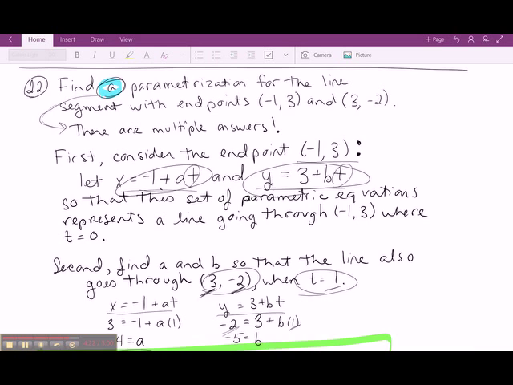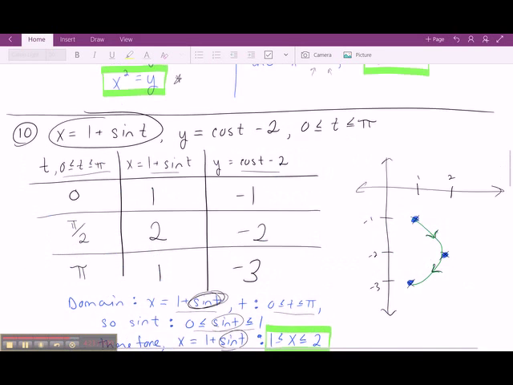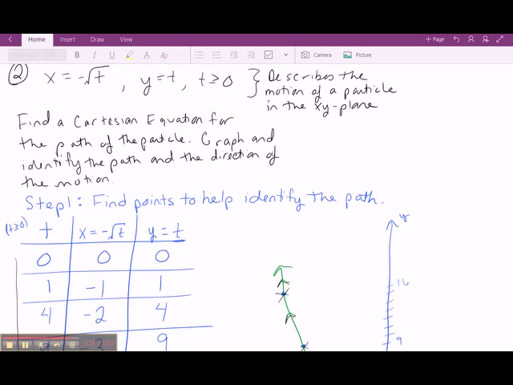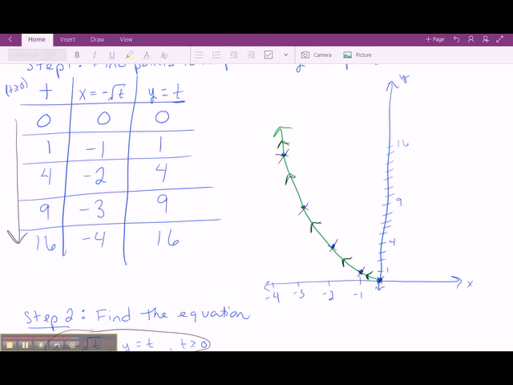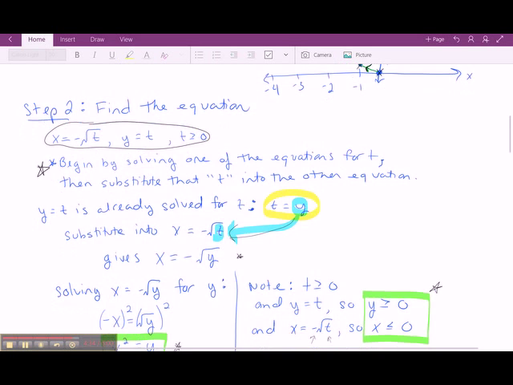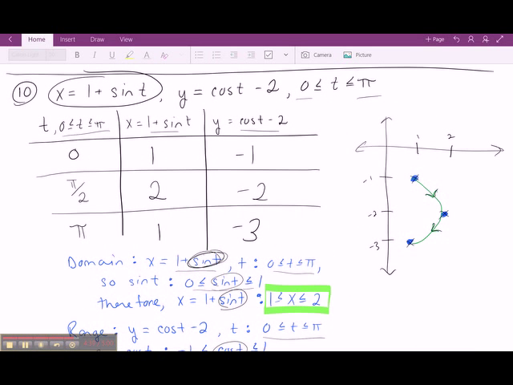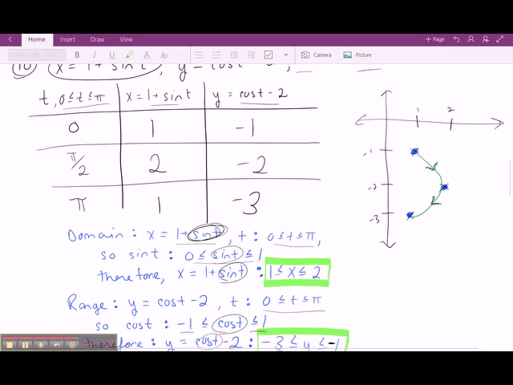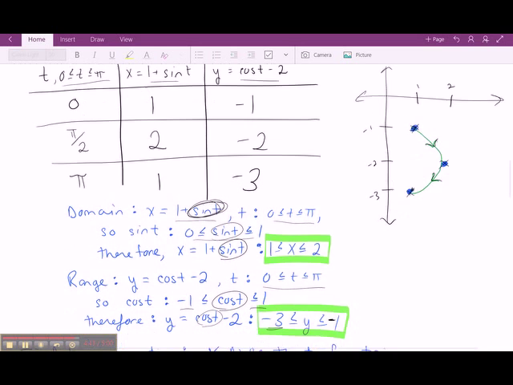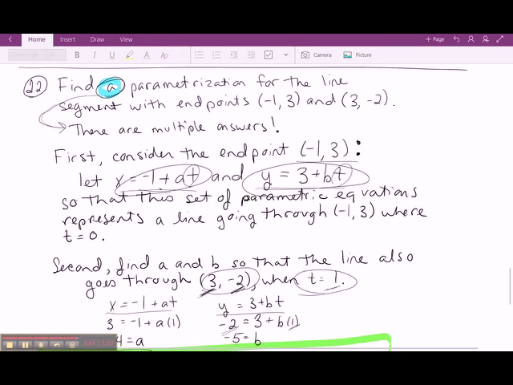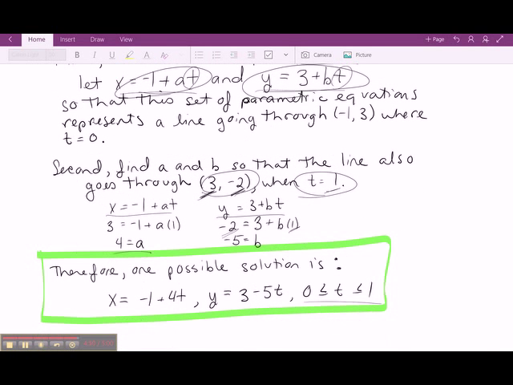So, for example, if you go back to number 2, I think it was the first one I did, we had t greater than or equal to 0 on that one. That graph goes on and on forever. On number 10, we were between 0 and pi. It had definite endpoints, so it started somewhere and it stopped somewhere. So when you want a line segment, you're going to want to make sure that you have your t set up so it starts somewhere and ends somewhere.